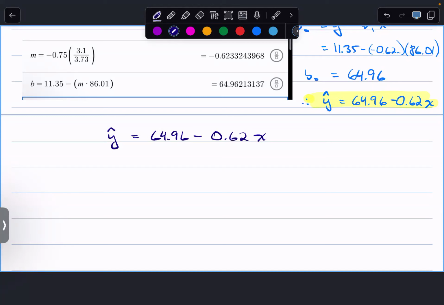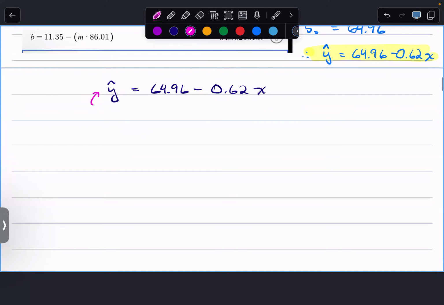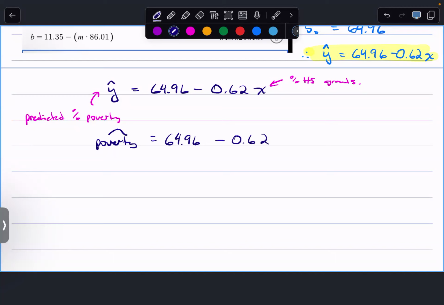And so Y hat is the predicted percent in poverty, and X is the percent high school grads. So what we could do is we could write poverty hat, right? Anything with a hat over it means it's a predicted value. In the regression case, it is 64.96 minus 0.62 times percent high school grads.